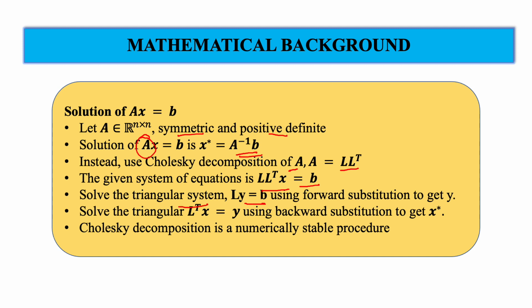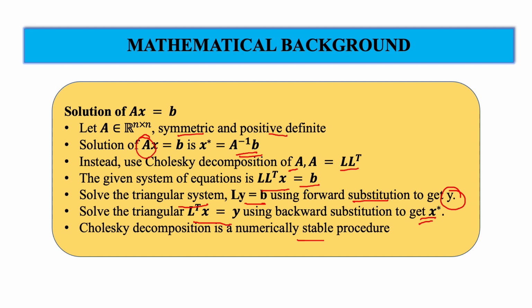Remember that L is a lower triangular matrix. This system can be easily solved using forward substitution to get y. Once you get y, L transpose x equals y can be solved using backward substitution to get x star. This Cholesky decomposition is a numerically stable operation and is always preferred.